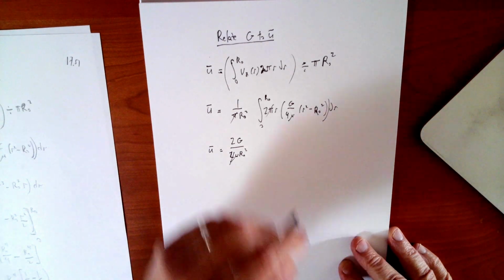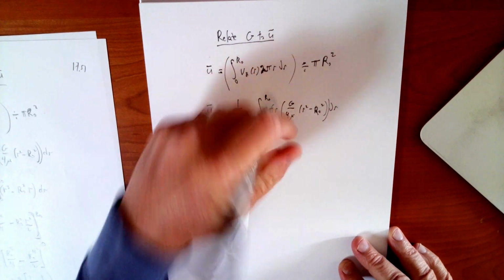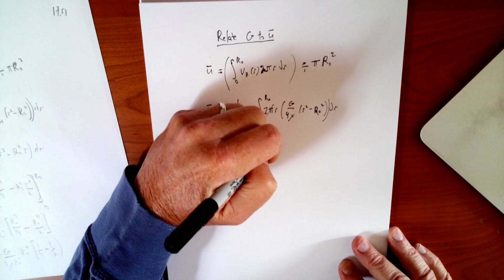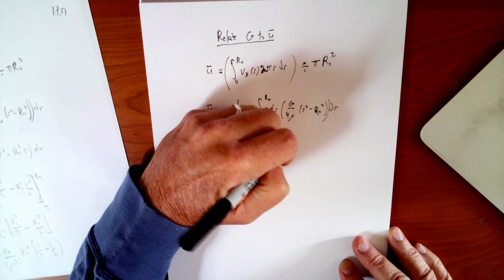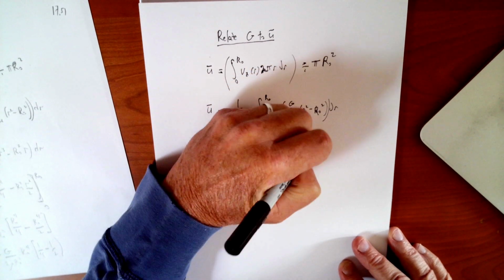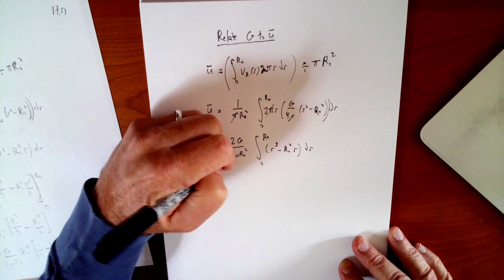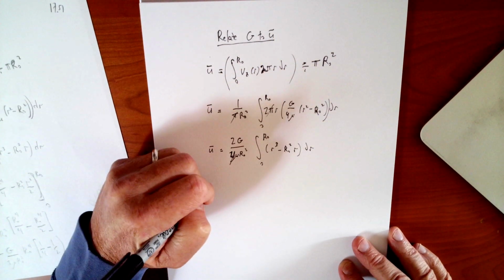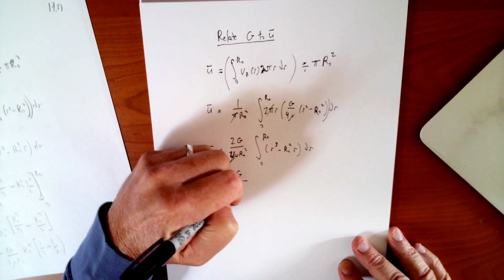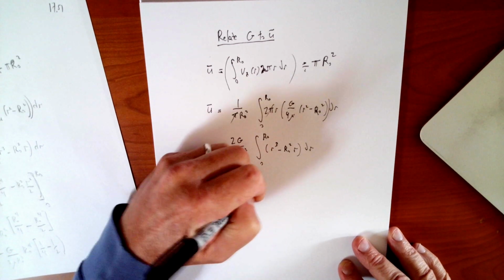So anyway, we'll start with this 0 to r naught. And then the r is going to multiply in here, so I'm going to have r cubed minus r naught squared r dr. So there's my simplified integral. This is still a 4, but it's going to become a 2 in a second. So then here I got no 2 in the numerator, and I got 2 mu r naught squared.